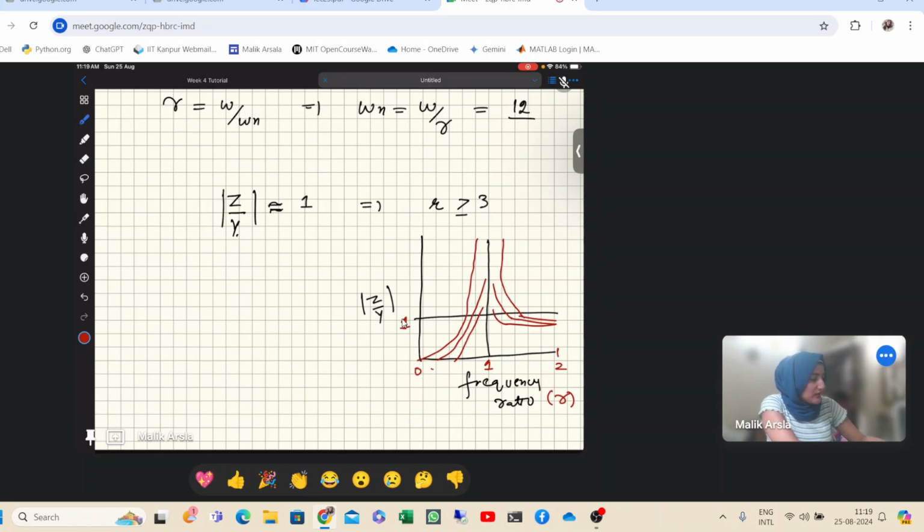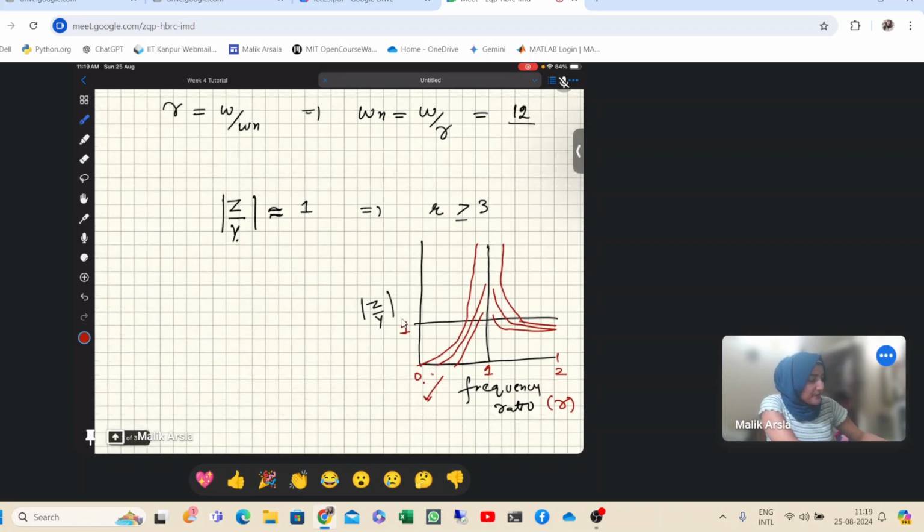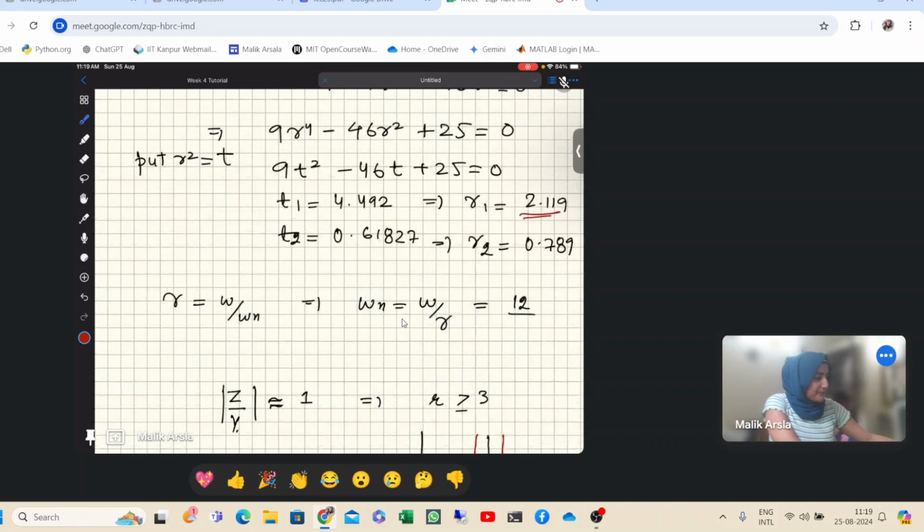We will choose it above this, because you know that this region is suitable for the range of accelerometers, and the higher values are more suitable for vibrometers. So in our case, we will therefore choose this value.